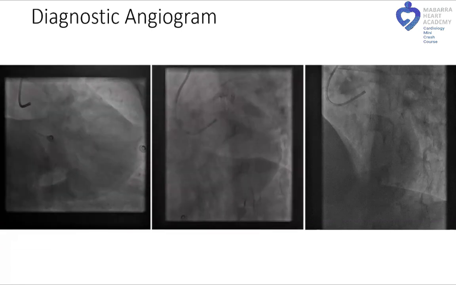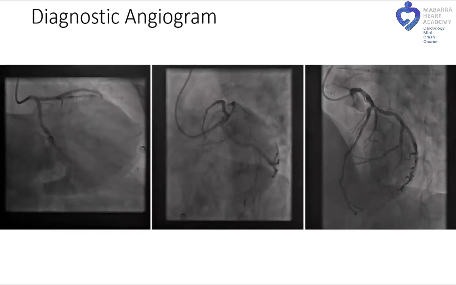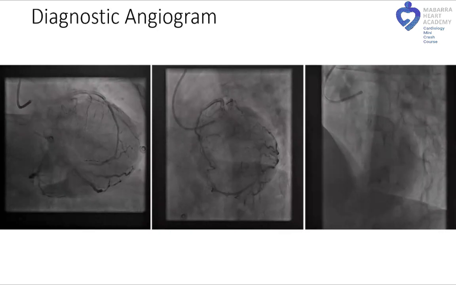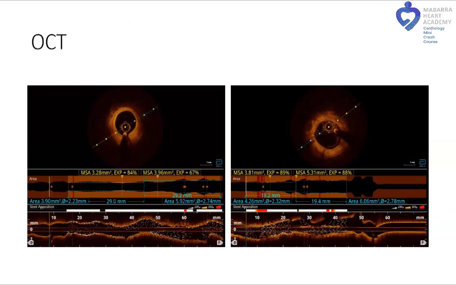and you can see that the left system was fine, and the angiogram was okay. We did OCT, which did not show significant stenosis. The stent was widely patent in this example. So, someone mentioned something about MINOCA in the question.